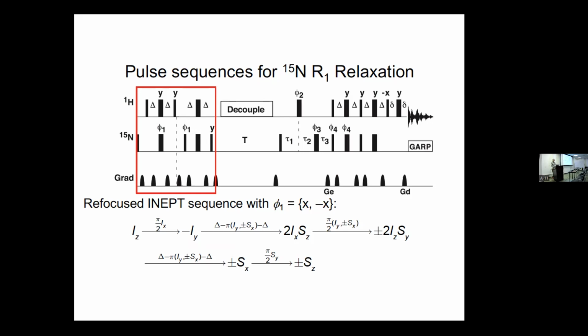But if you go back to the Solomon equation notes, most of what happens when you invert one spin in a two-spin system is that you get bi-exponential recovery because the two spins are interacting through the NOE. So this period here, decouple, is basically to eliminate the NOE.